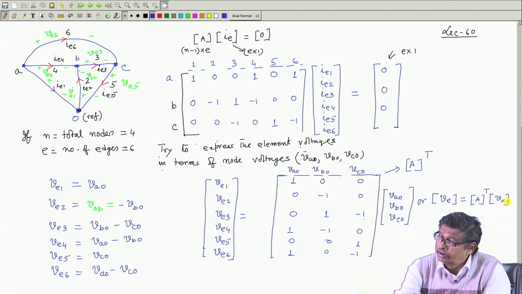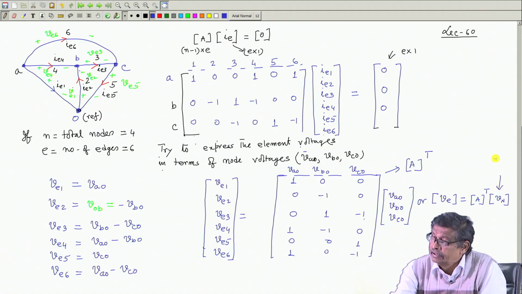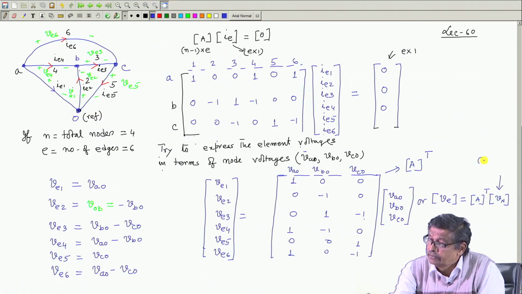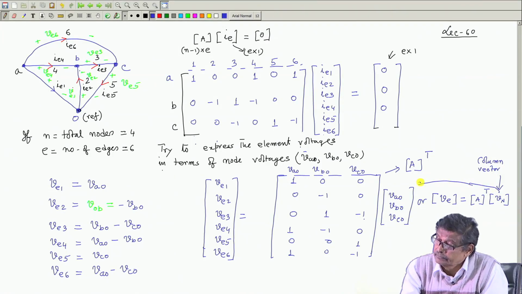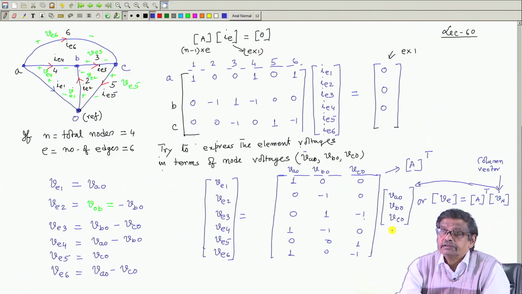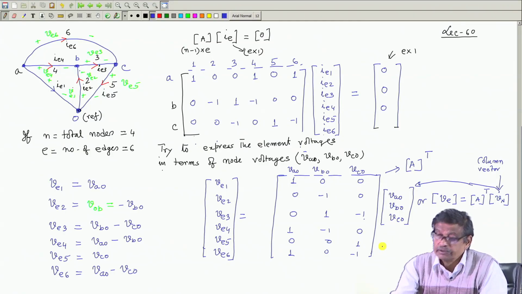So, what is this vector? It is a column vector, which is this: V A 0, V B 0, V C 0, 3 entries, because there are 3 nodes.